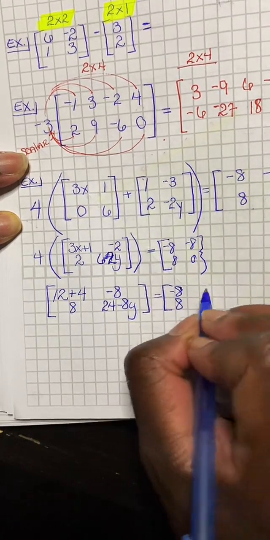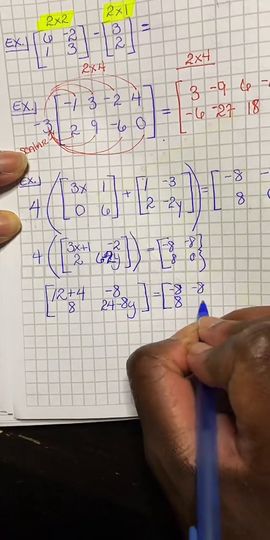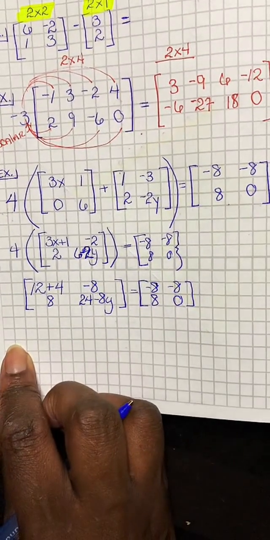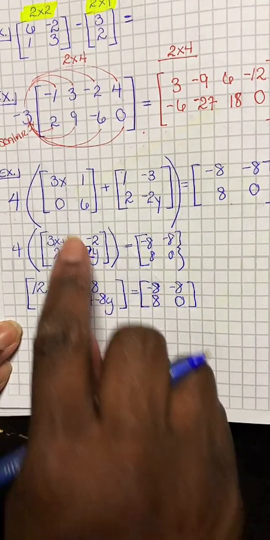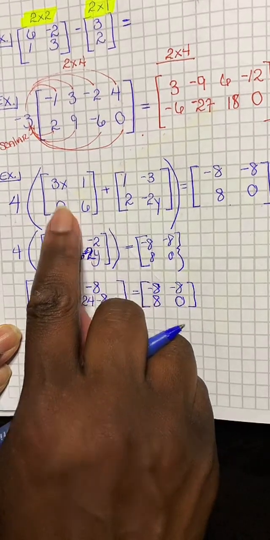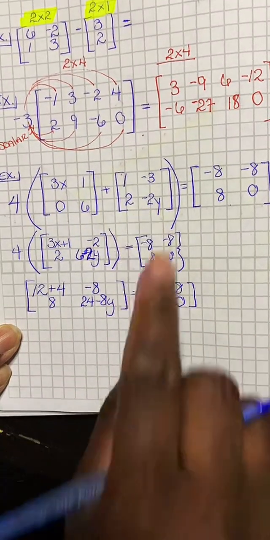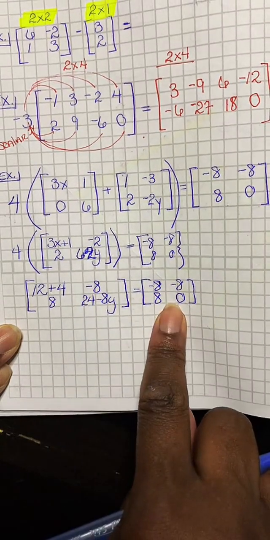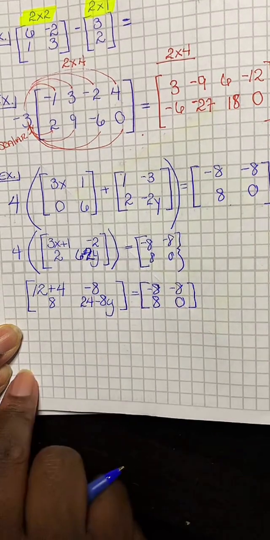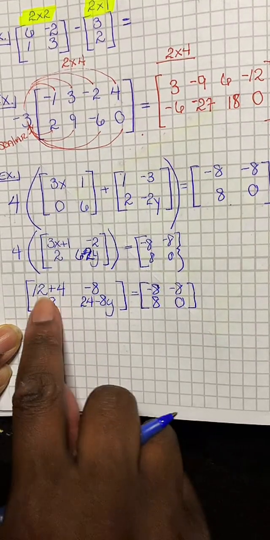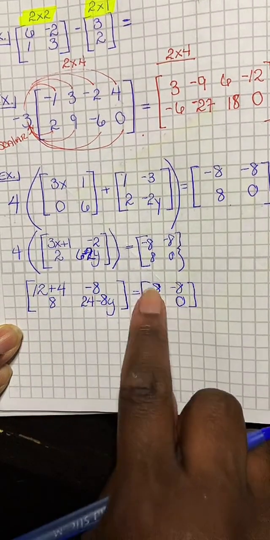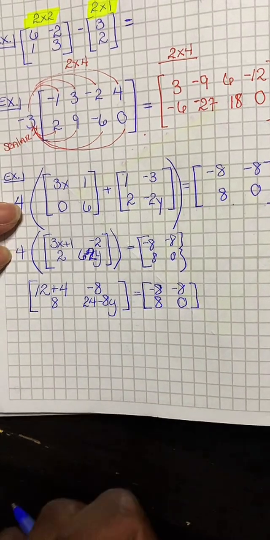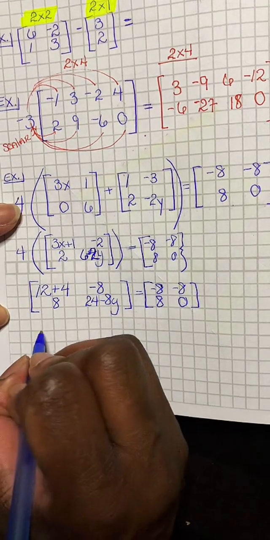Well, you're going to set things equal to those elements. Just like how we were doing this matrix plus this matrix, we're going to do this matrix equal to this matrix. And that's perfectly fine because it's 2 rows, 2 columns, and this is also 2 rows, 2 columns. So if we gather them together, it's going to look something like this.